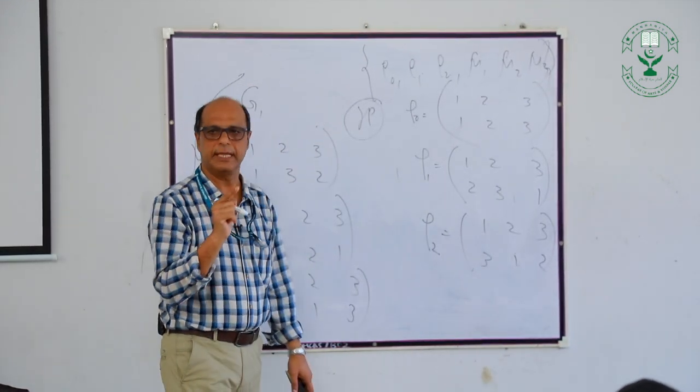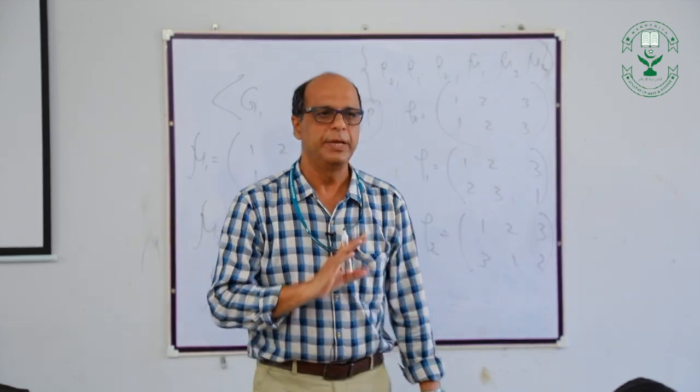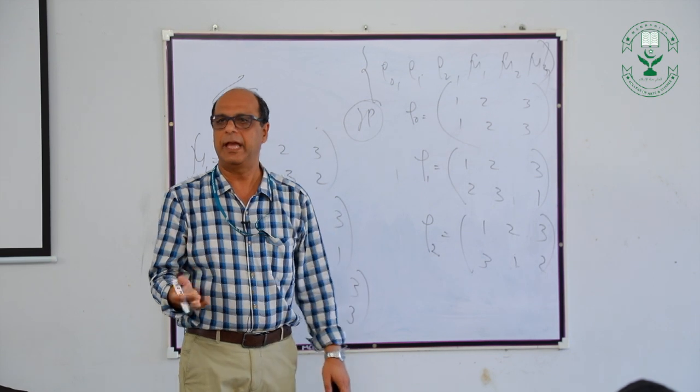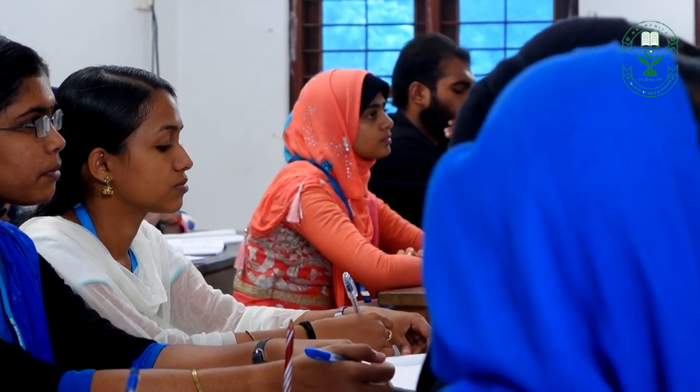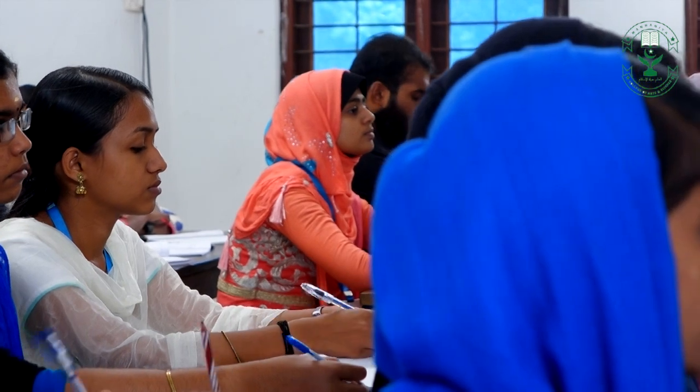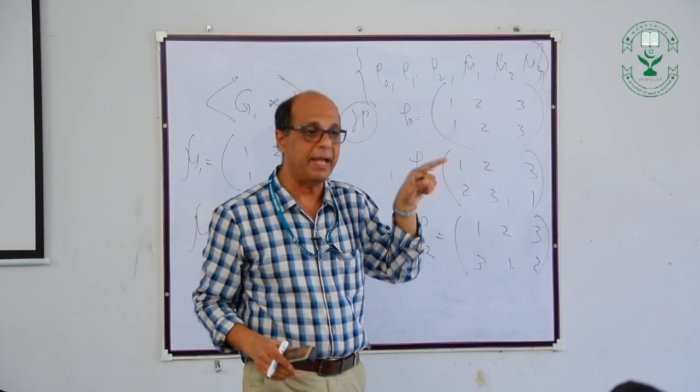Sometimes plus is an operation, sometimes product is an operation. So irrespective of anything, I am going to generalize this and write simply a star. This is called an operation. So a group is a non-empty set together with a binary operation.